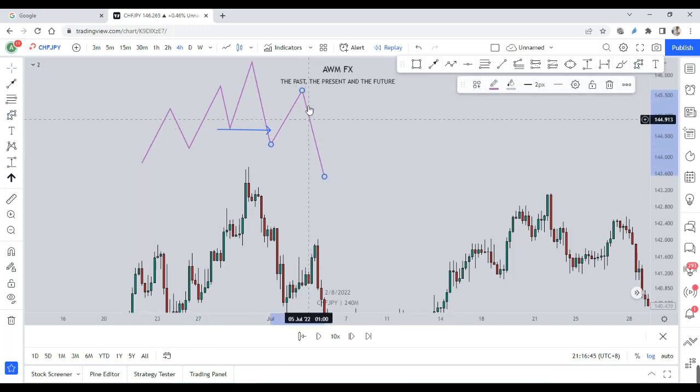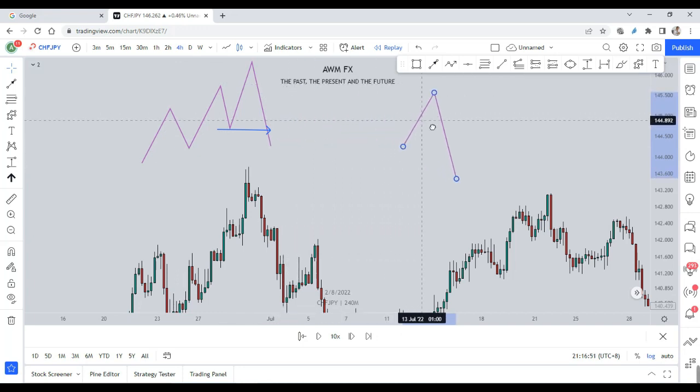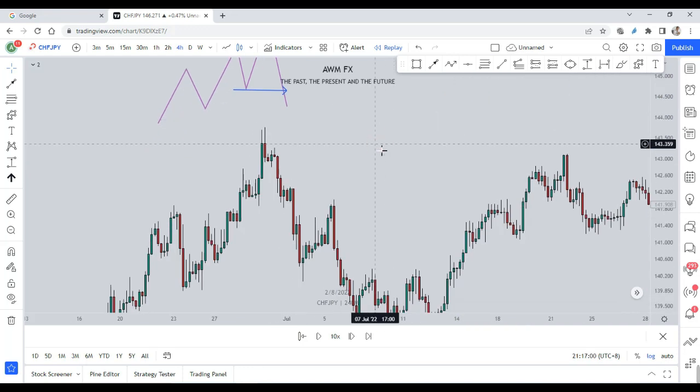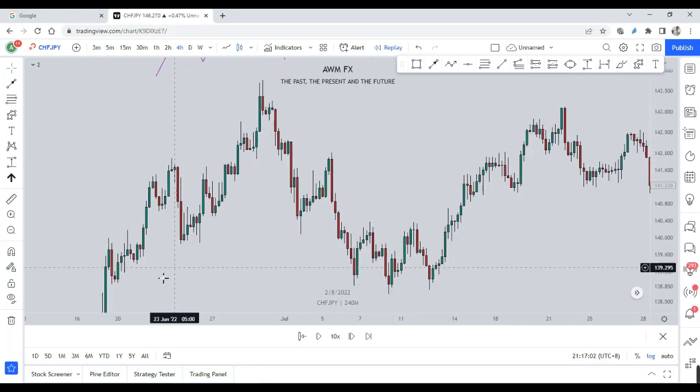So this is one of the most common QML levels, but sometimes the QML and the right shoulder can be very far apart. So let's look at the example right here. It's very, very obvious. If some of you have problems identifying the QML, you can try to move along the price structure.